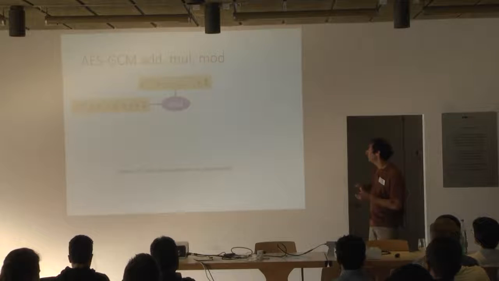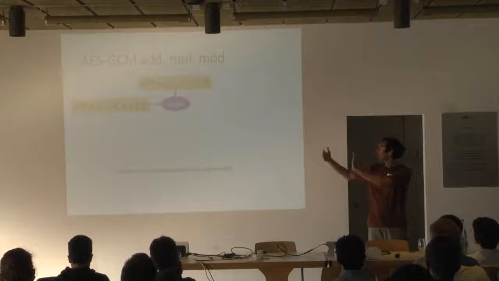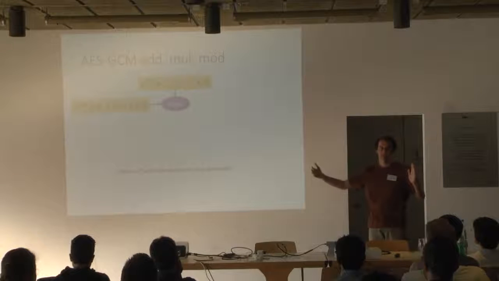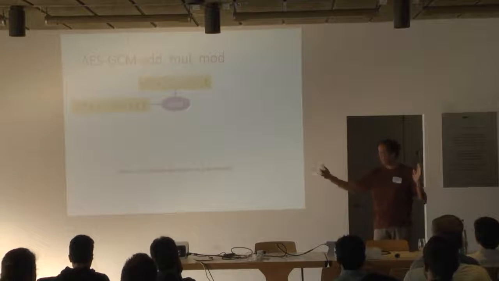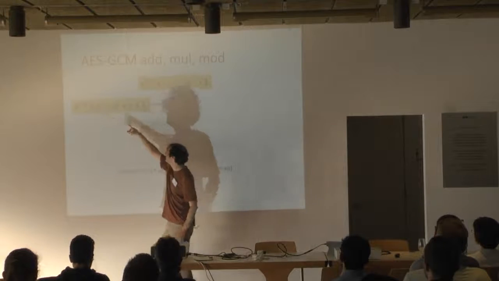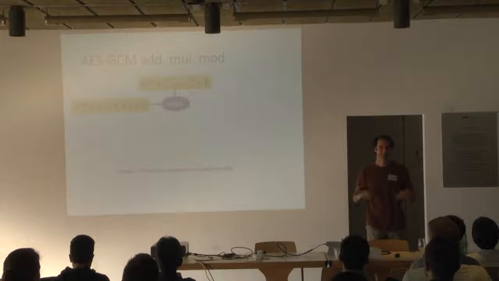To follow up on that, what we're going to be multiplying together is 128-bit numbers by 128-bit numbers. We'll get 256-bit numbers. And the magic number that we mod with is x to the 128 plus x to the 7th plus x squared plus x plus 1. That's just what they say.